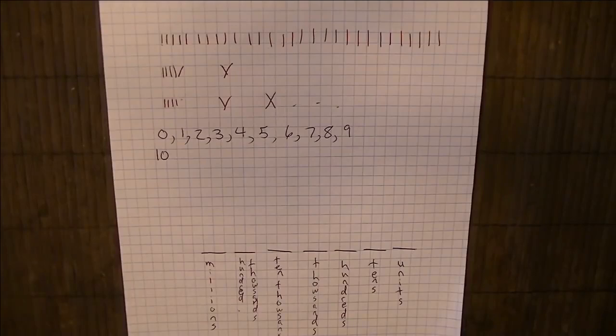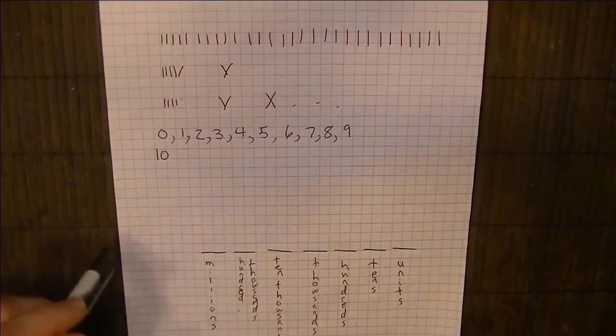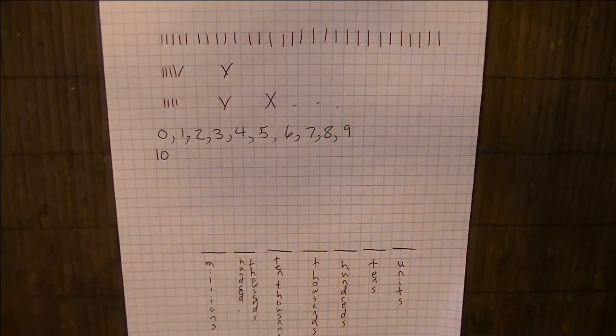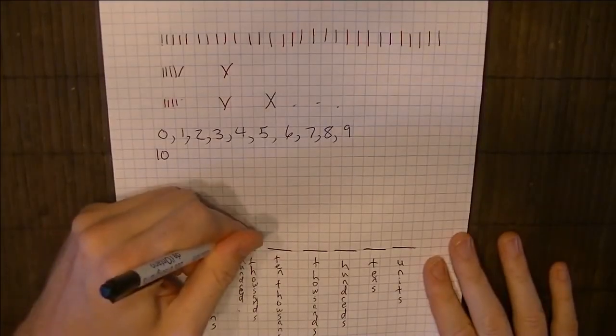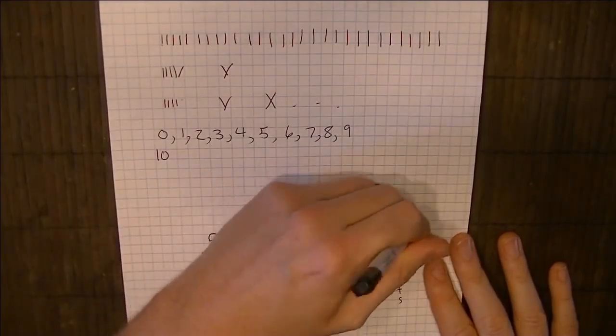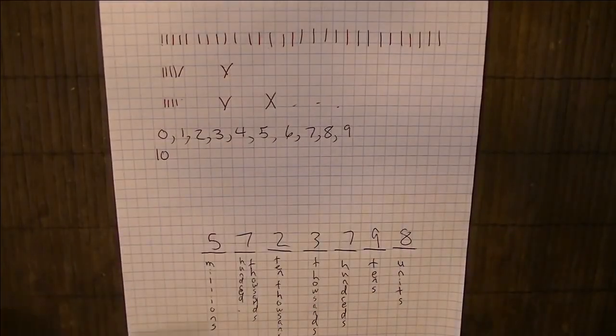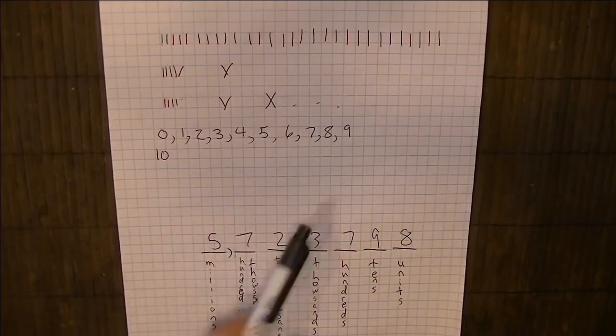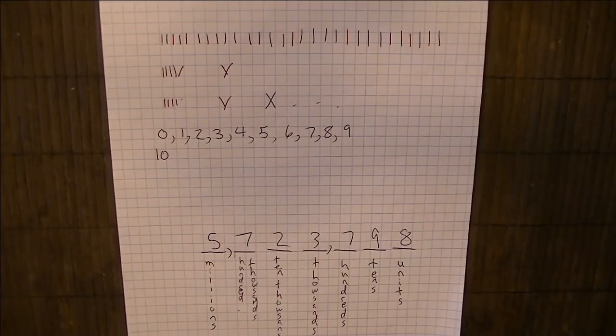It'll be 10 millions, 100 millions, billions, and then 10 billions, 100 billions, trillions, and so on and so forth. So if I wrote down a number, let's just throw some digits in here, 5, 7, 2, 3, 7, 9, 8, we would read this number as 5,723,798.